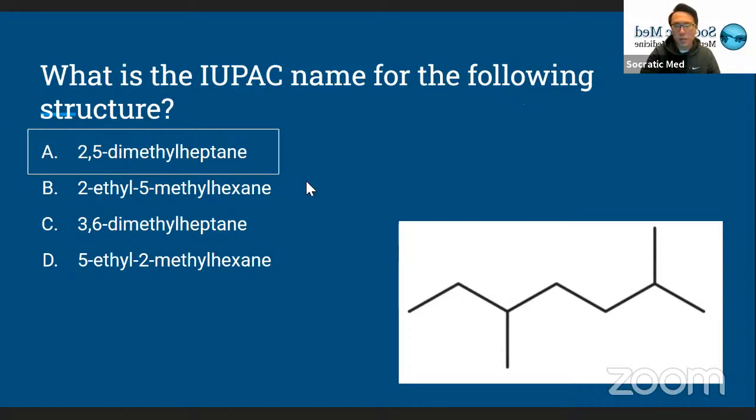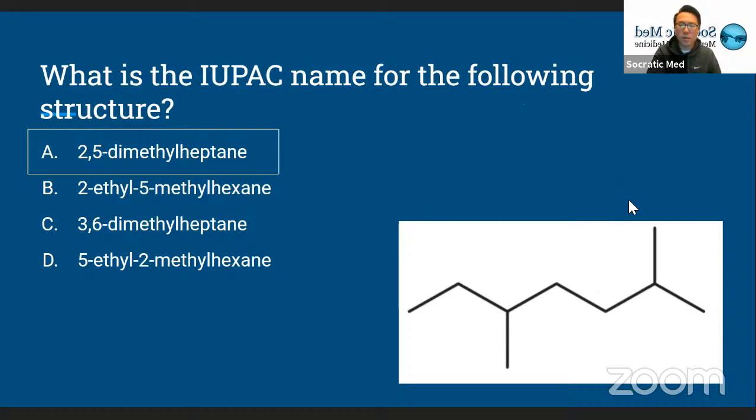So you show that there's a methyl group on carbon 2 and carbon 5, because it assigns lower numbers to those 2 methyl groups instead of numbering from the left side, which would give 3 and 6. So 2 and 5 is lower than 3 and 6.